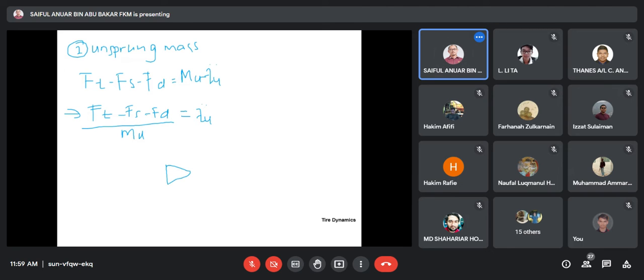The way that we're going to arrange these mathematical equations is like this. We have 1 over mu multiplied with the sum of Ft, Fs, and Fd. So this one is going to be your Ft, this one is going to be your Fs, and this one is going to be your Fd.